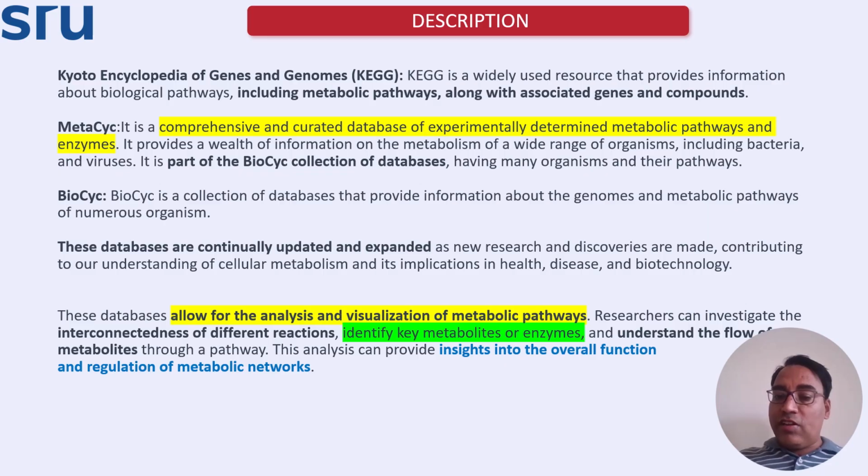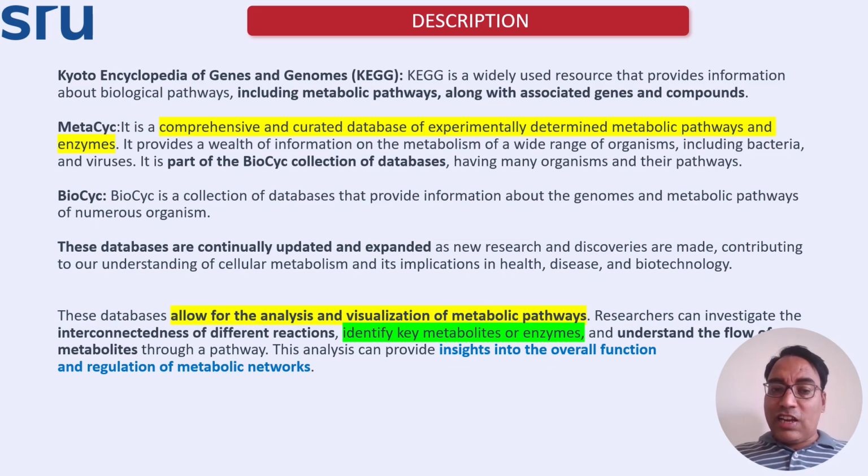Whenever you need information on certain missing bridges or missing connections, we normally take the help of KEGG modules. MetaCyc is a curated database of experimentally determined metabolic pathways and enzymes. This MetaCyc is a part of the BioCyc pathway database. BioCyc is a collection of several different databases.